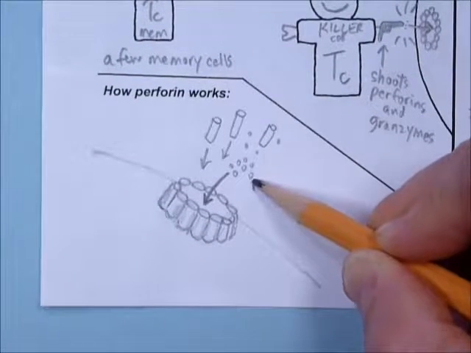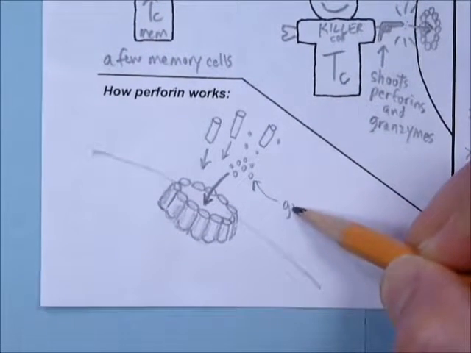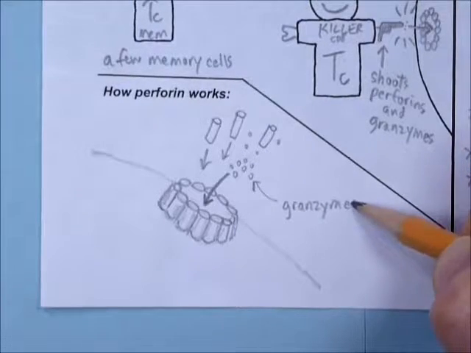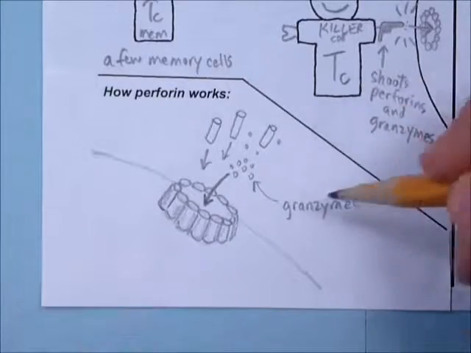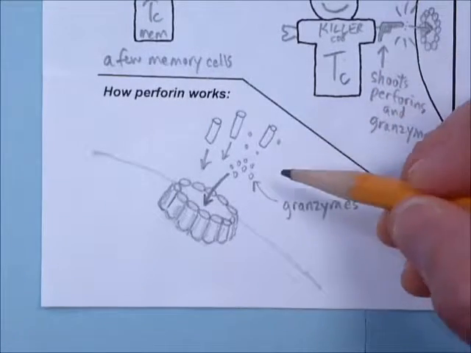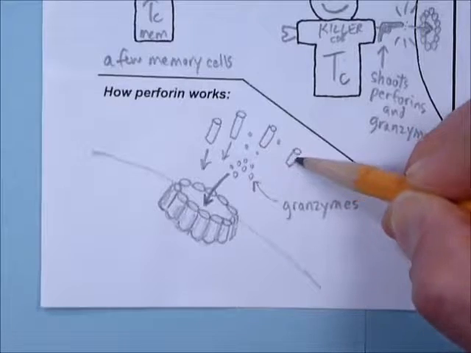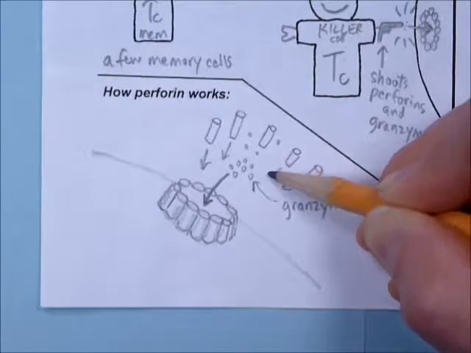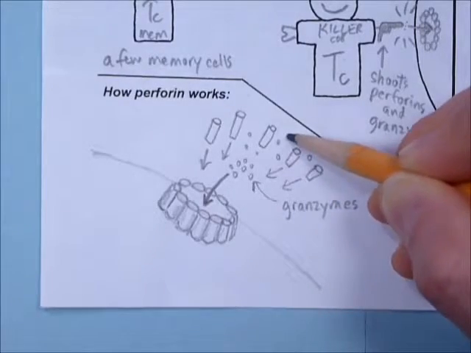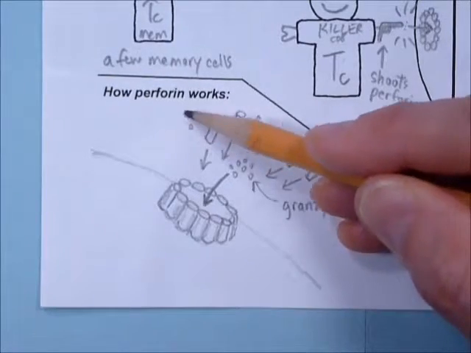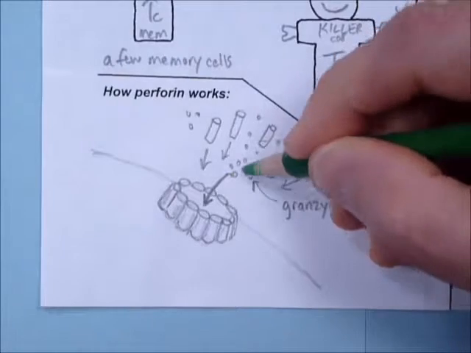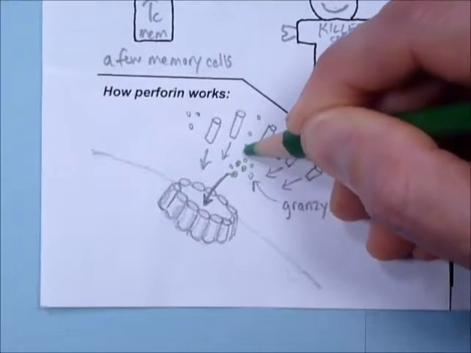So these would be granzymes, kind of like the word enzymes, but with gran on the front of it. Draw a few more of these. A few little granzymes floating around. Might even color mine green or something. Green, with green zymes, green granzymes.